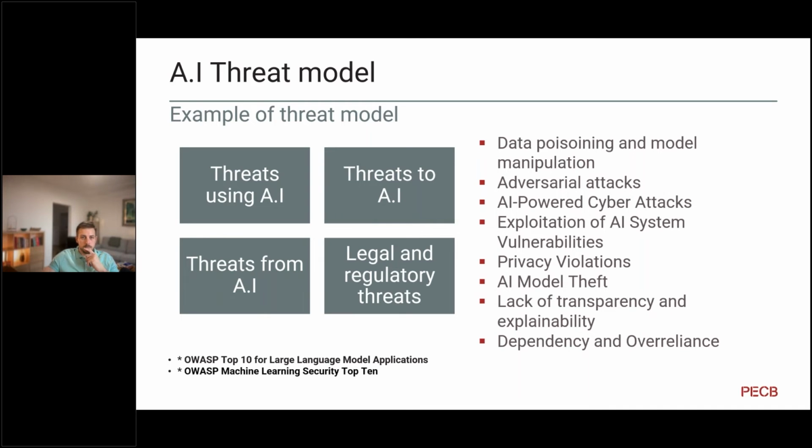Another specific threat that can be discussed is AI model theft.